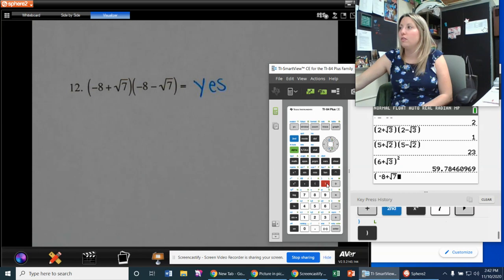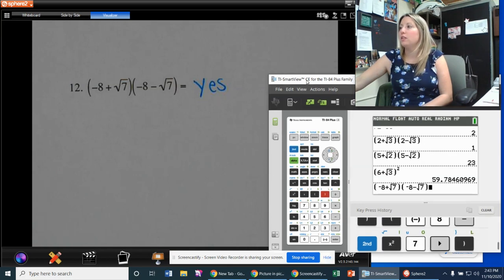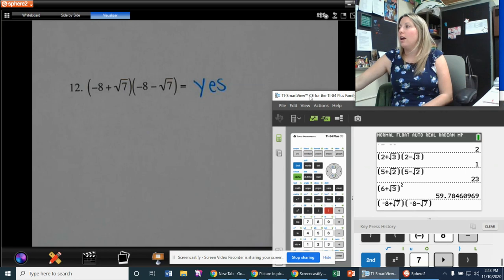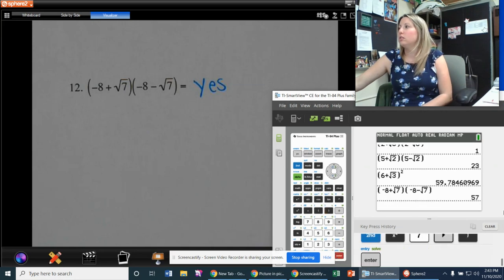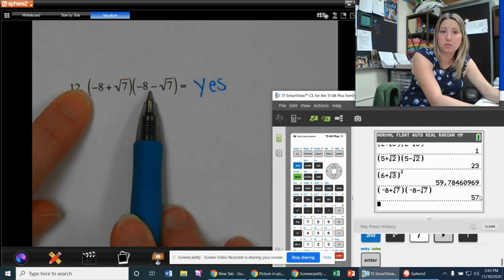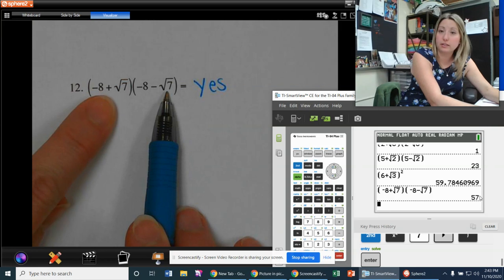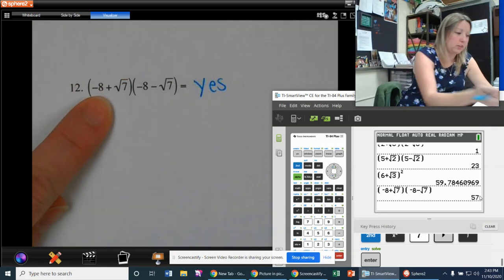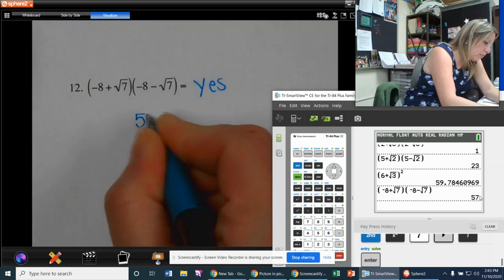Then parenthesis, now front parenthesis, -8 minus radical 7. Then end parenthesis. There we go. And enter. 57 is my answer. Well, that makes sense because -8 times -8 is 64. And this would give me -7. So 64 minus 7 is 57. That makes perfect sense.